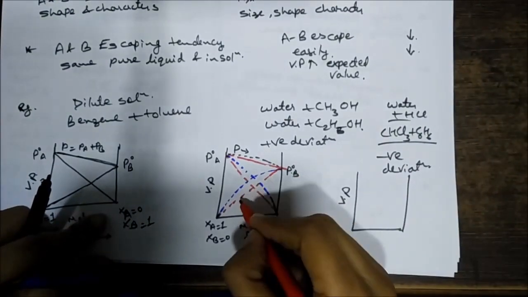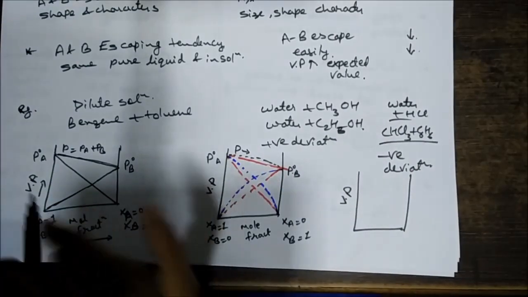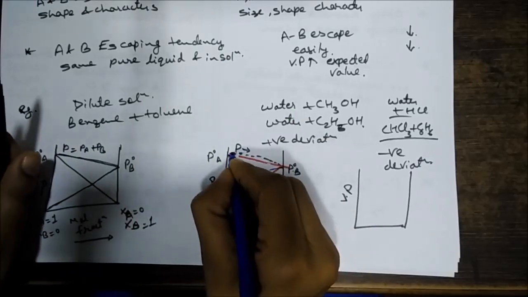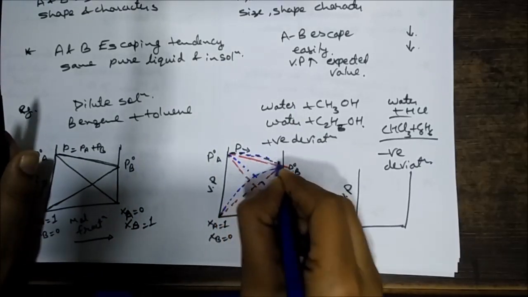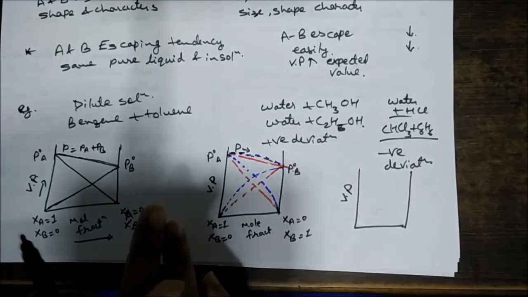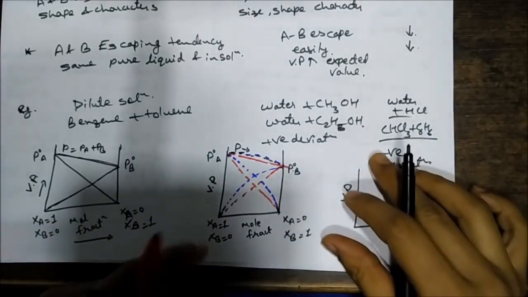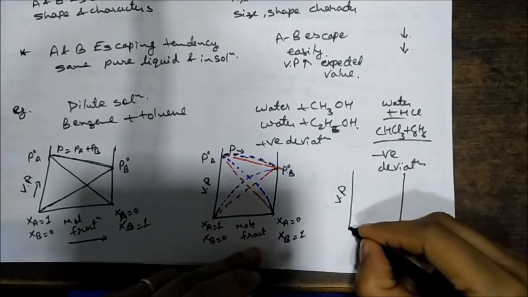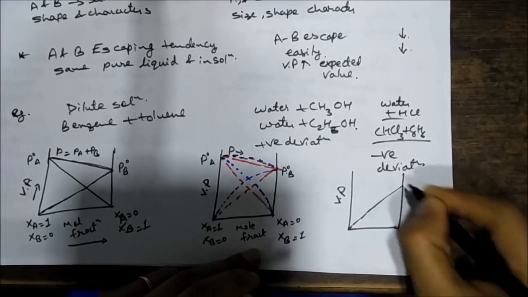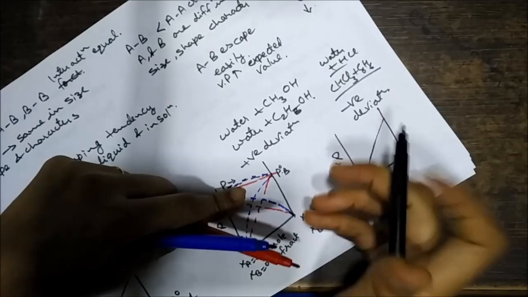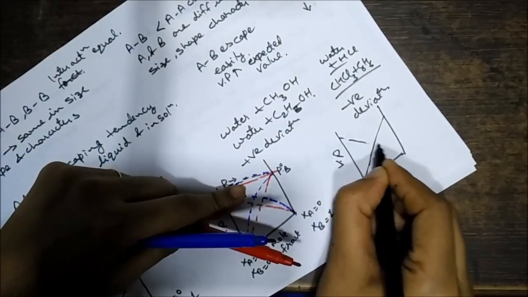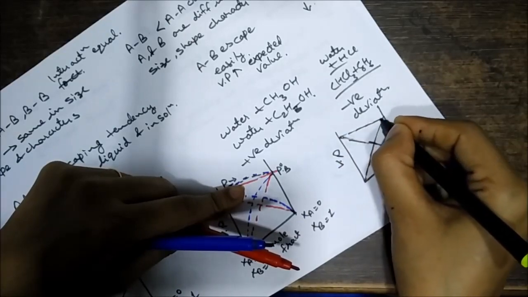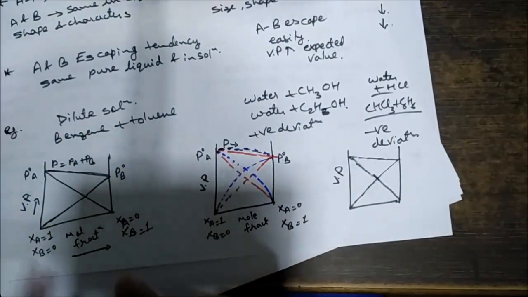The red one is for ideal solution and the blue is for non-ideal solution having positive deviation. Or for negative deviation we can draw negative deviation.